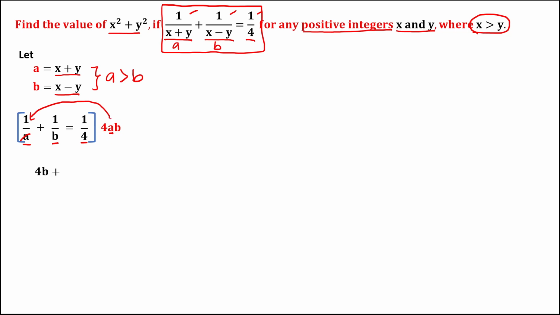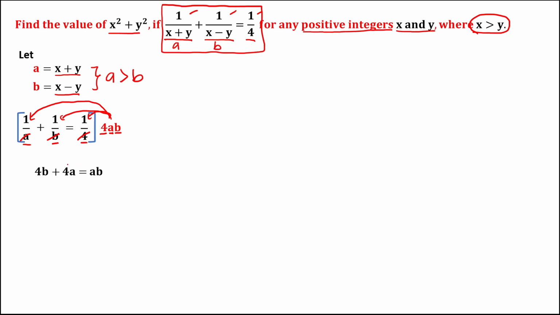Then plus, to this term, we can cancel b, so the remaining is 4a, then equals to this term. We can cancel 4, so the remaining is a times b.